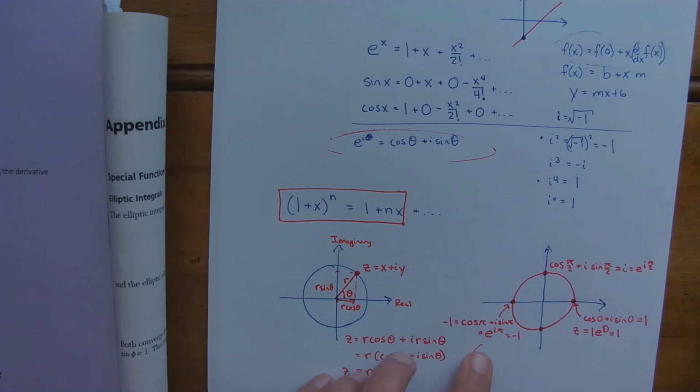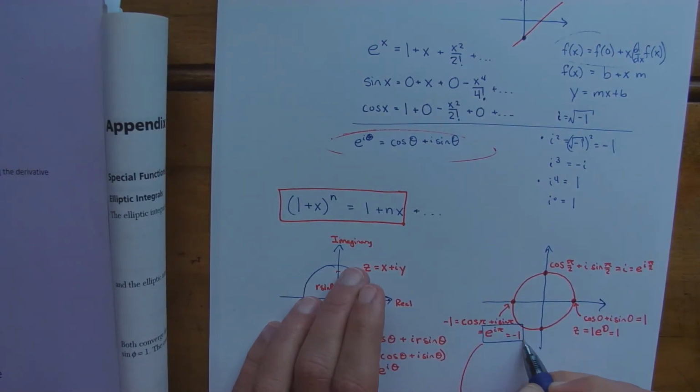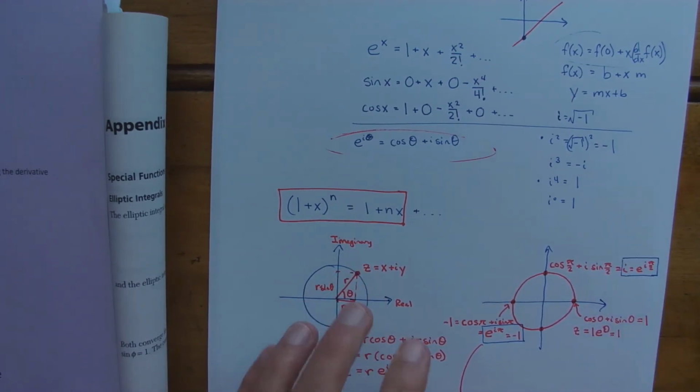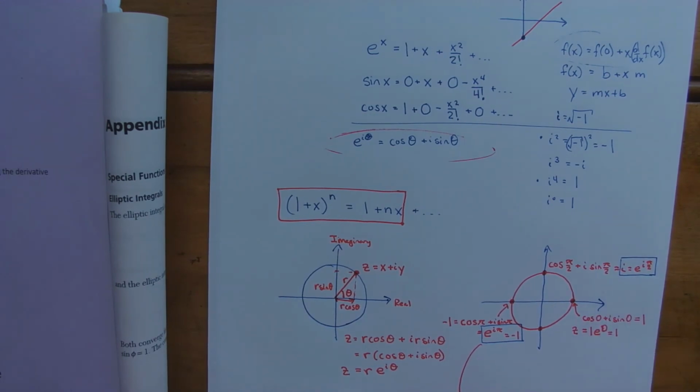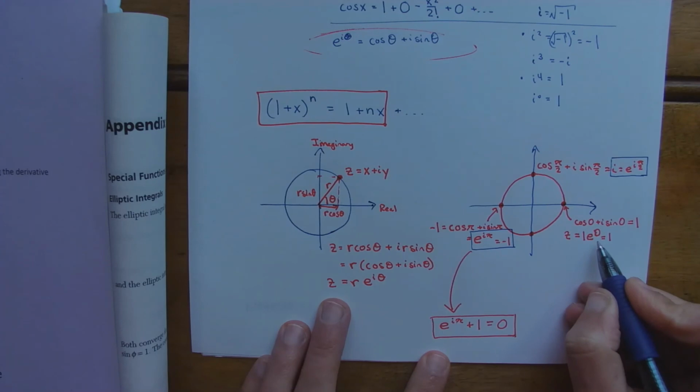So not only is e to the i pi equal to -1, but e to the i times pi over 2 is equal to i. And then, I mean, this one really didn't come as a surprise. e to the 0 is equal to 1.